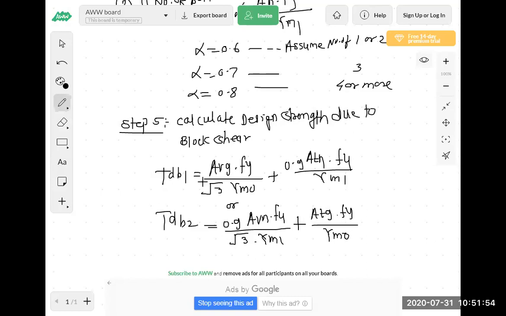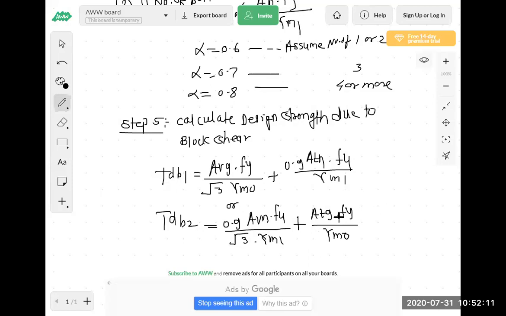So these are the design strengths due to block shear, TDB1 and TDB2, given in the IS code. For this formula, you have to open IS code only.